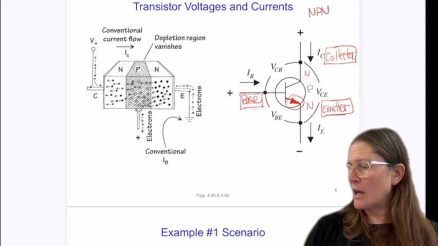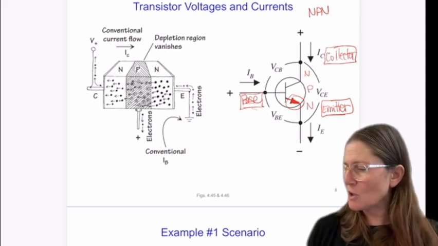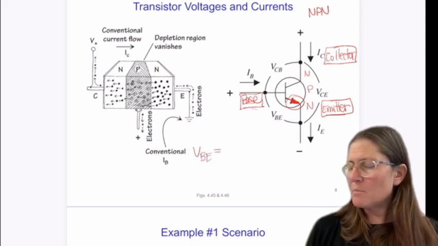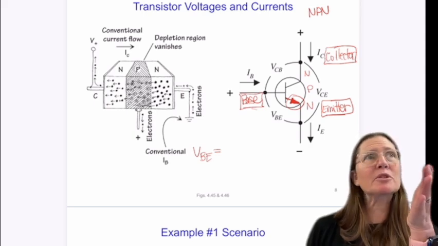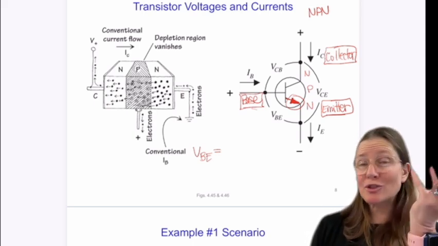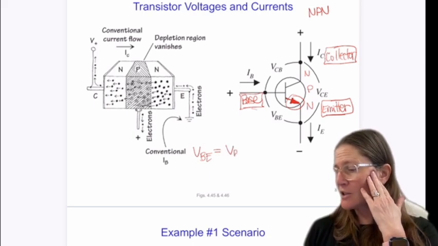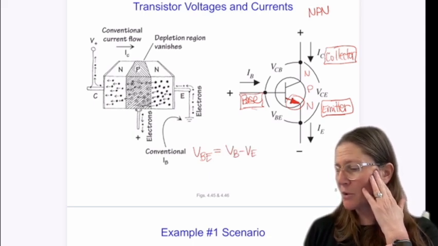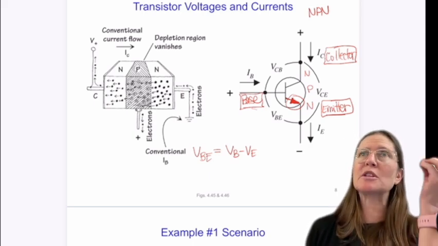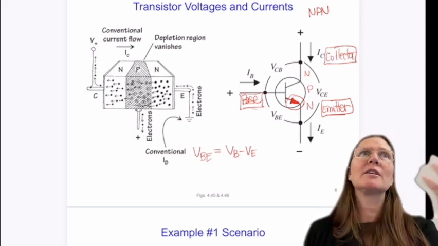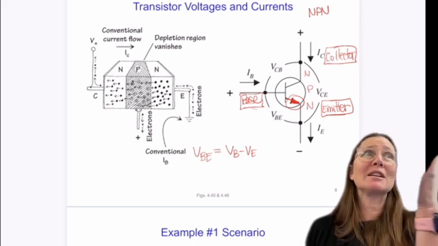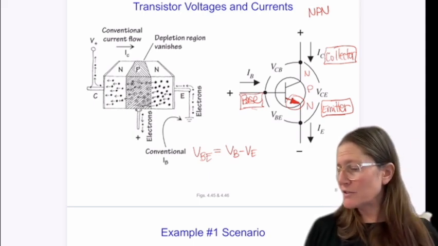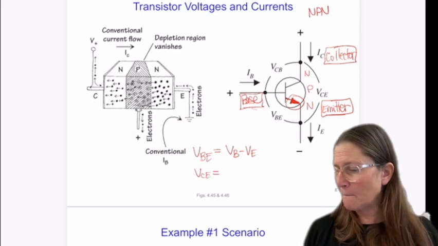And then you have these voltages. So VBE means the first variable letter, so VB, and then you subtract off the second one. So it's a voltage difference between the base and the emitter, and mathematically it's VB minus VE. So VCE means what?